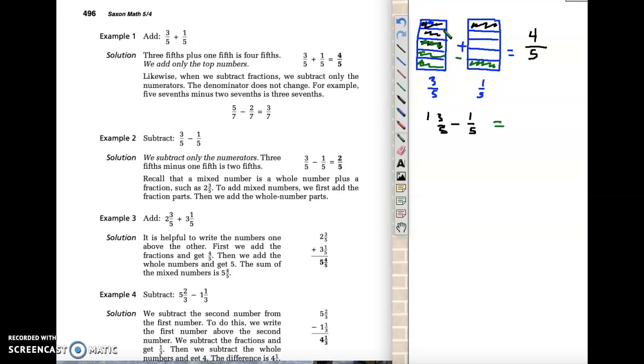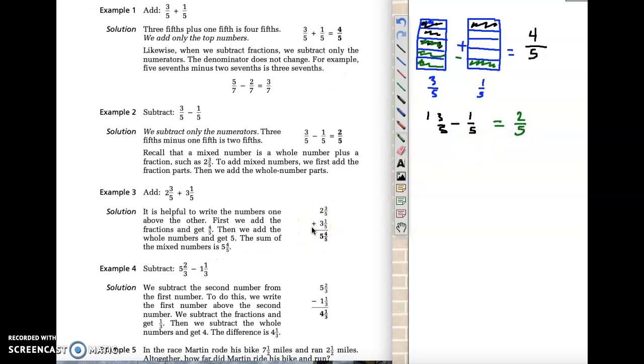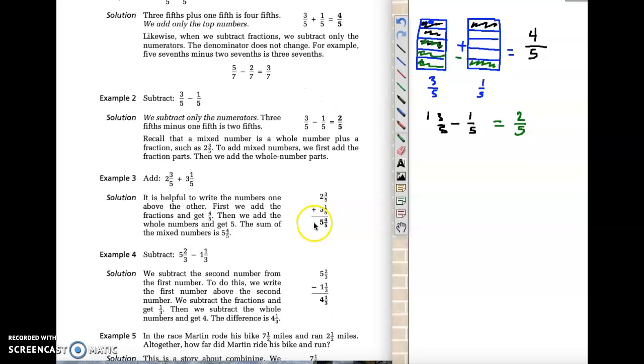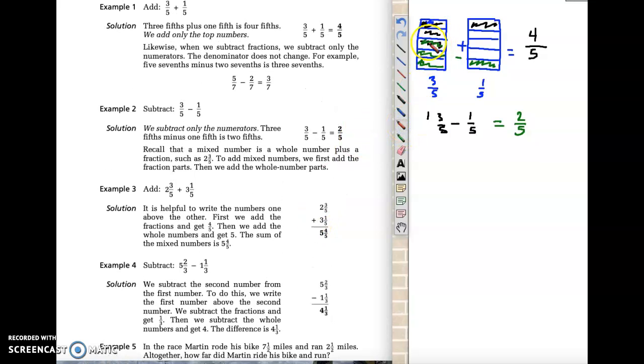Well, here I have 2/5. All right, same idea. I should show you what that actually looks like. So here's what it means. 3/5 minus 1/5 gives you a total of 2/5 left over because we crossed off this one right here. So 2/5 right there.